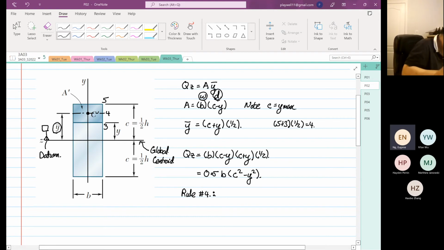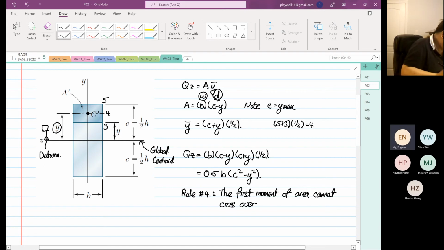Then we can state this: the first moment of area cannot cross over the global centroid.